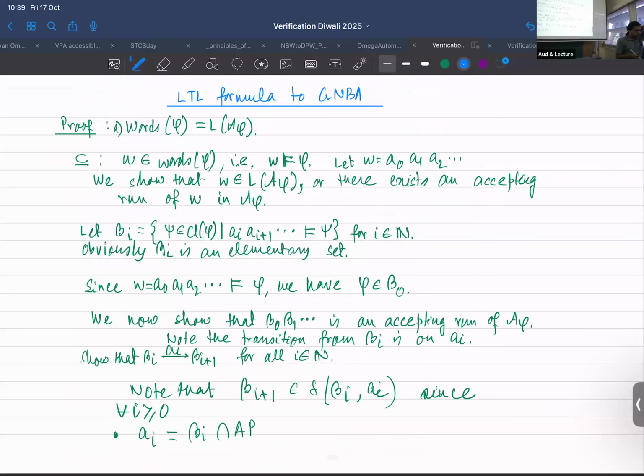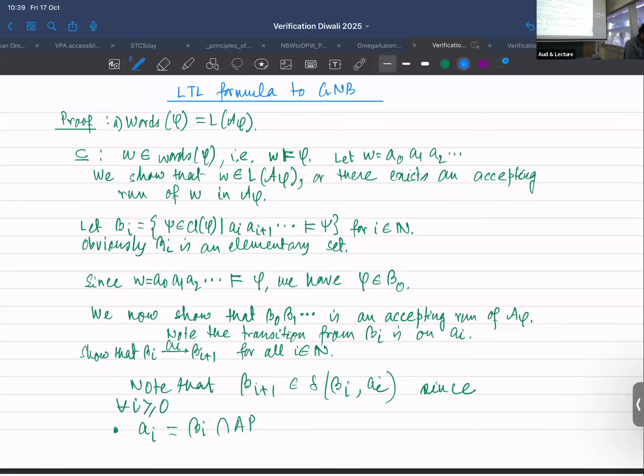So what is the correctness proof about? The correctness proof essentially says that this GNBW that we have constructed is essentially correct. So it accepts all those words which satisfy the formula phi.